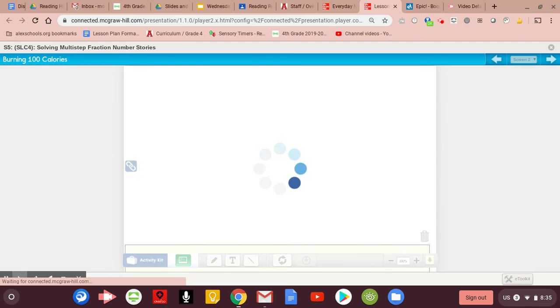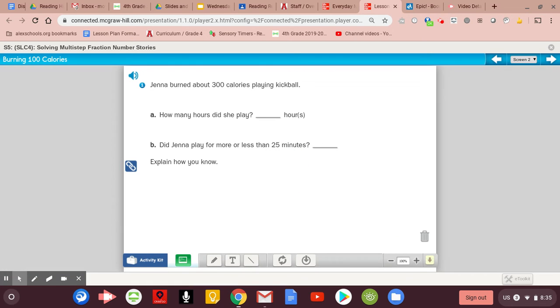So we'll go to our next problem here, and playing kickball. It says Jenna burned about 300 calories playing kickball. How many hours did she play? So like I said, it is 1/5 hours to burn 100 calories. And here we know Jenna burned 300 calories. So what did I do there?